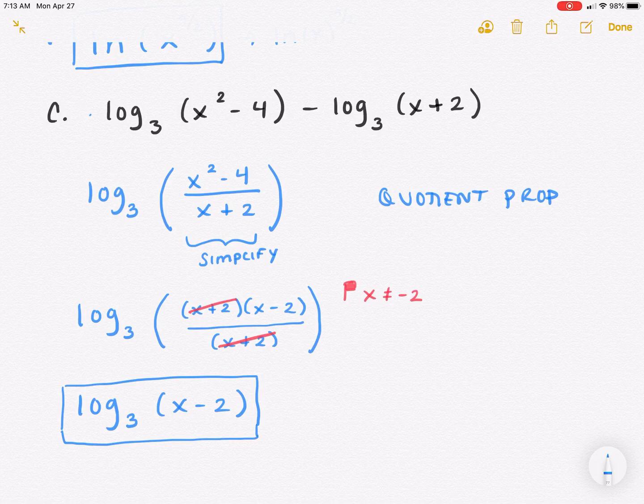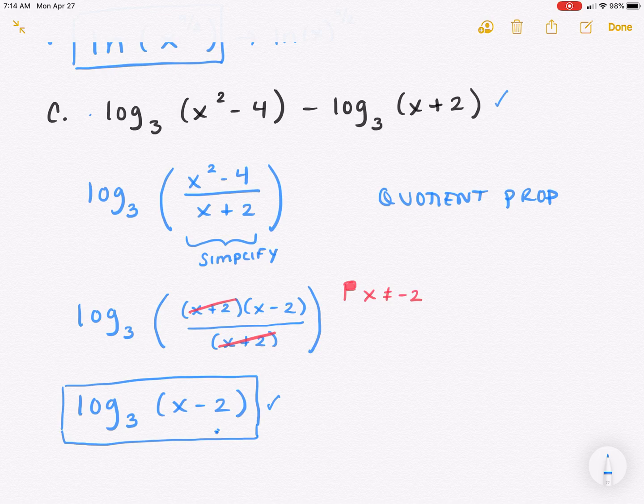I just know some of you get very technical and would have asked about it. And yes, that is true. We can simplify it to log base 3 of x minus 2 as long as we know that x can't be negative 2. But again, look at the difference between what we got and what we ended up with. When we go to solve an equation, we're going to choose to solve this equation down here because it's more simplified.